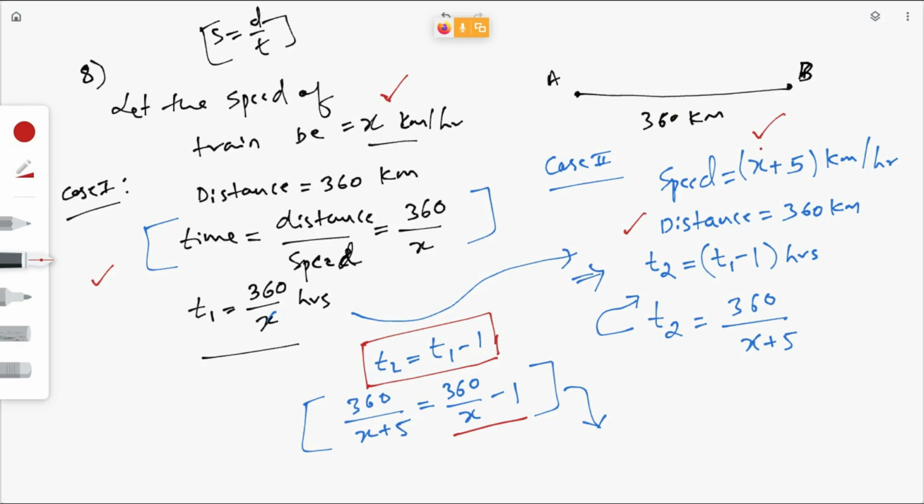So it is increasing. If the speed increases, the time will decrease. So the time taken in the second case is the time taken in the first case minus 1. You can take T2 as 360 by x plus 5 and T1 as 360 by x. Now substitute these two values in this equation, and if you solve this, you will get x.